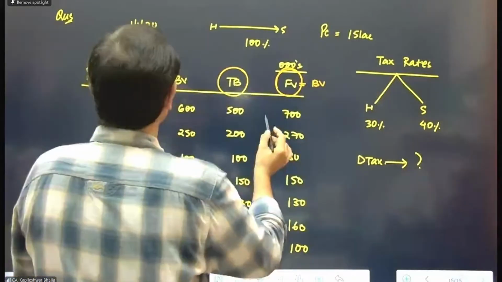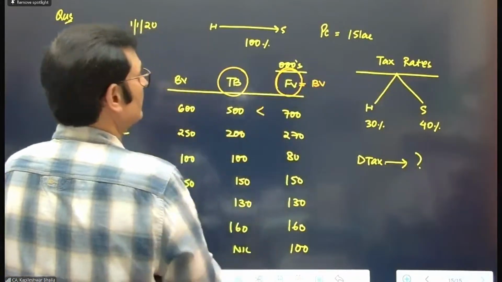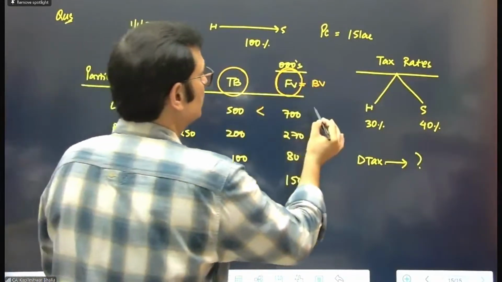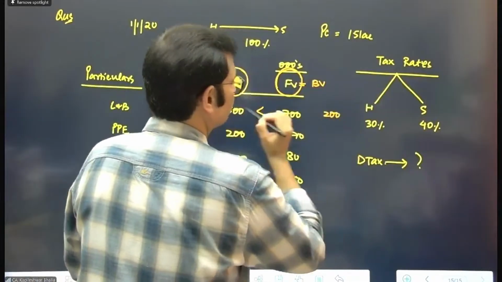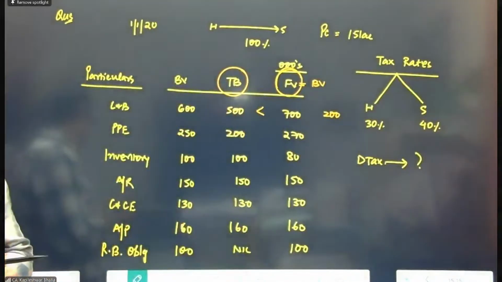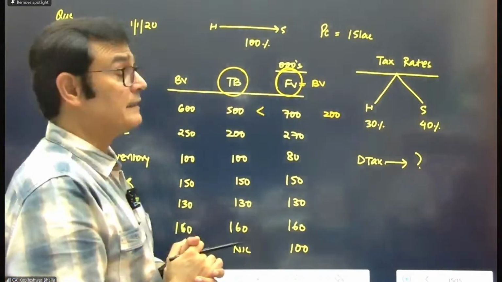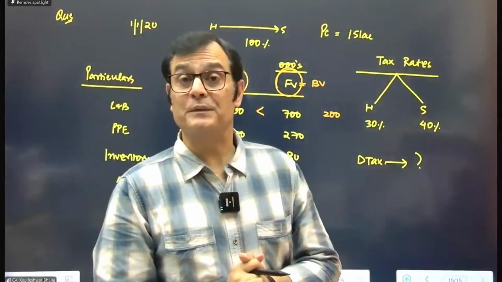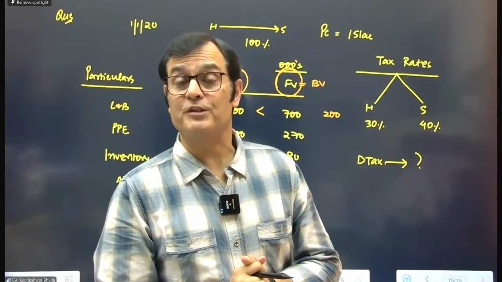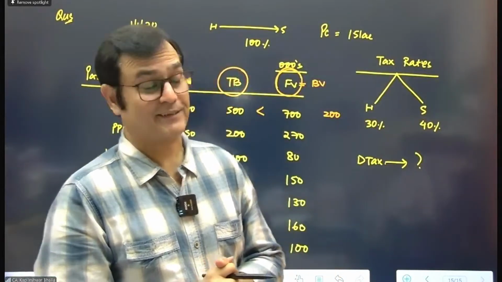Can I say, as far as the land and building is concerned, the difference of 200 will lead to a DTL or a DTA? Sir, it will lead to DTL. My carrying amount is greater as compared to the tax base, which means there is a taxable temporary difference resulting in a DTL, correct?